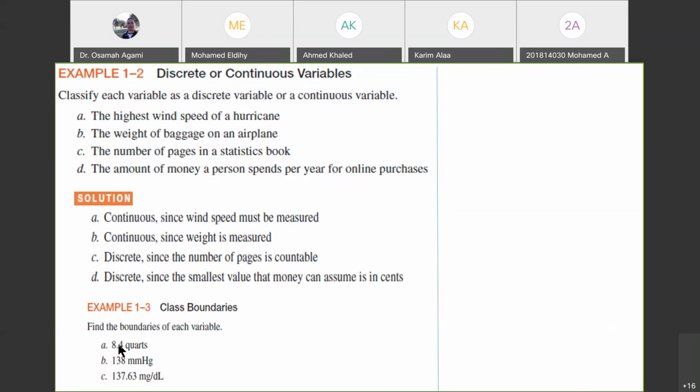But for 8.4, how do you take half? You take half from the measurement of this one, this 4 out of 10. So what is half of 1%? The half of 1% is 0.05. So it will be 8.35, and half after this one it will be 8.45.